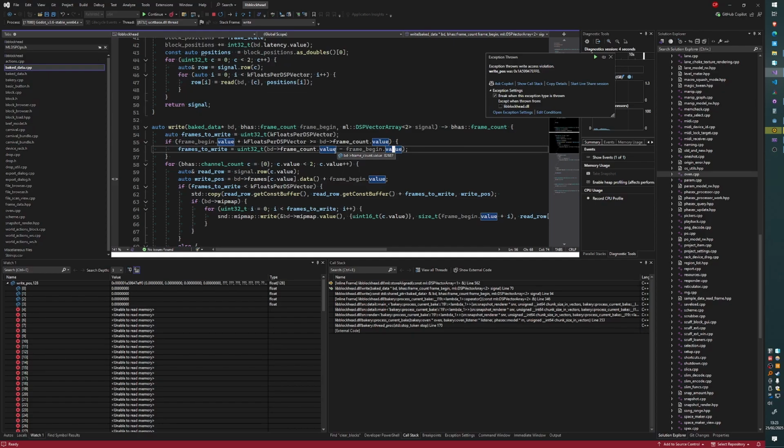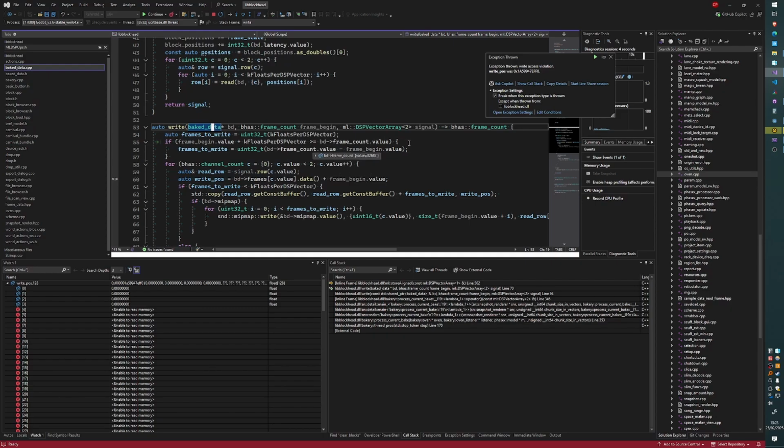Oh dear. Oh dear. So the problem is probably not here. The problem is that we didn't allocate enough space for the amount of audio data that we're generating during this baking operation. We didn't actually allocate enough frames for all of the frames that we want to write to.